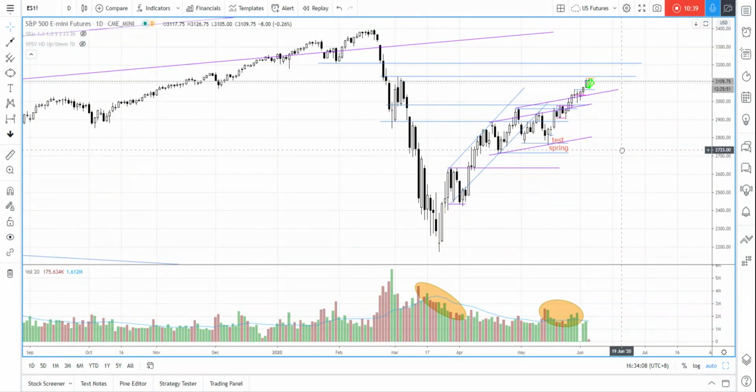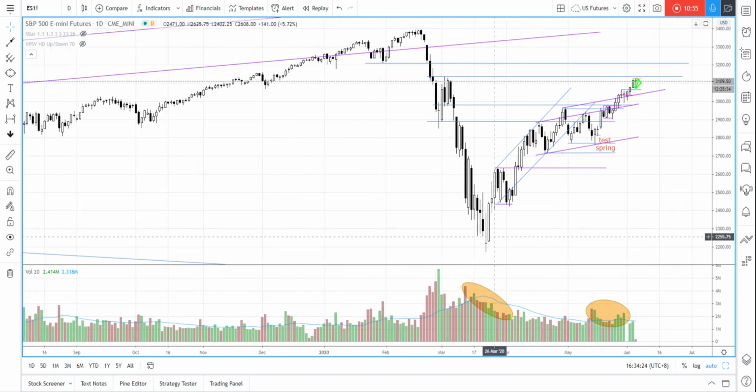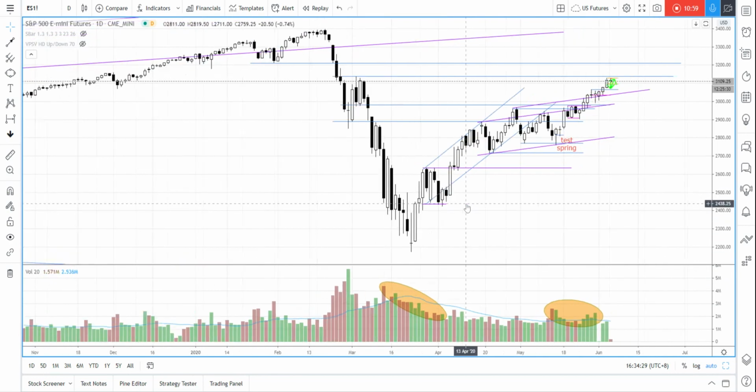Having said that, there's one point that I would like to convey. I have actually marked up this high volume area here together with these two areas, which are quite important because this is the area where we have seen accumulation on the way down. In fact, I think the accumulation actually started on the 13th of March.